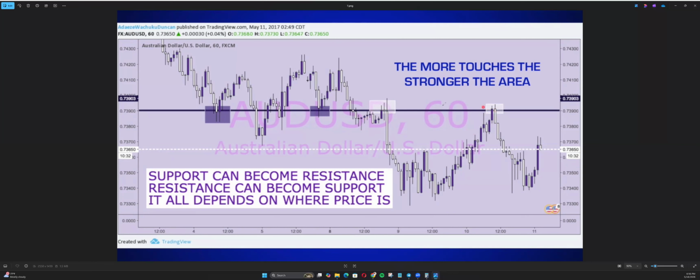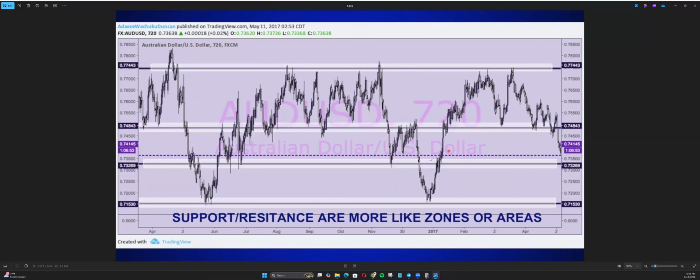So here it became like a ceiling. It's like when you go down to a basement, the floor where you were before you went down becomes your ceiling. It is the same idea here. So support could be resistance, and resistance could also become support.